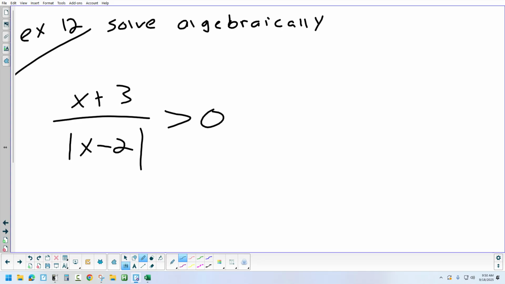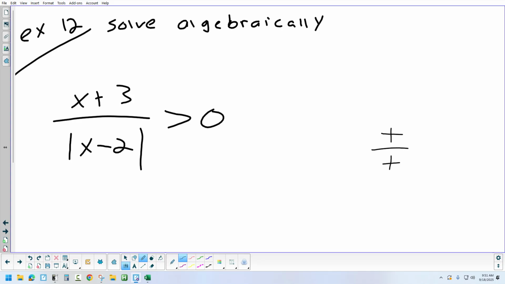How can that happen in math? What can you have that would give you a positive result when you do division? Two positive numbers. You could have a positive divided by a positive.